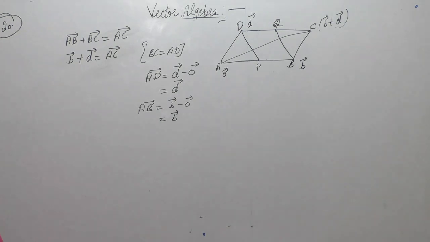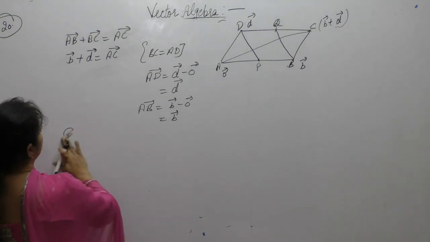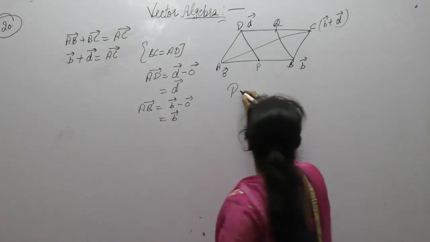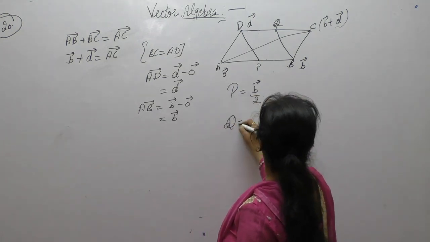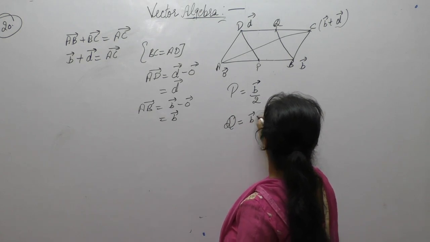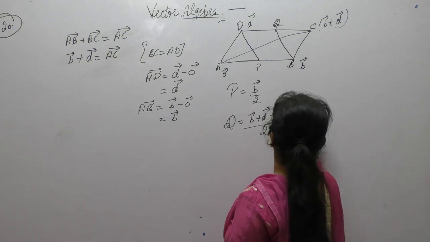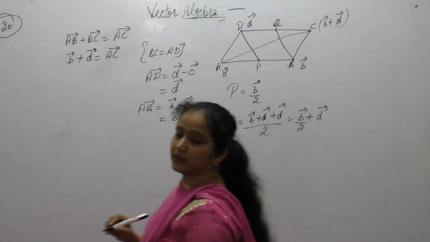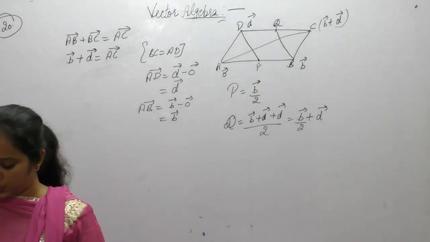Now the position vector of point P, the midpoint of AB, is B by 2. Q is the midpoint of CD, so its position vector is (B vector plus D vector plus D vector) by 2, that is B vector by 2 plus D vector. So these are the position vectors of points P and Q.